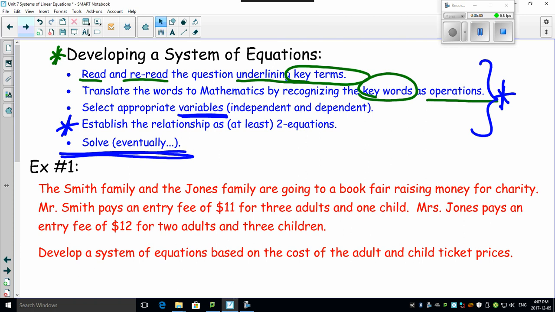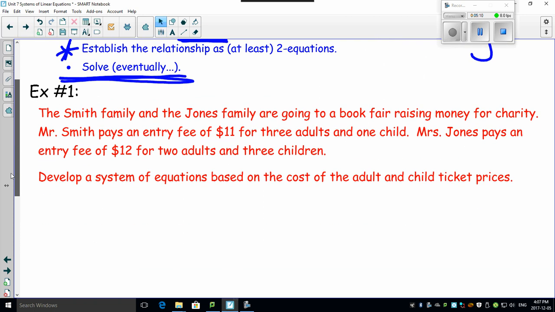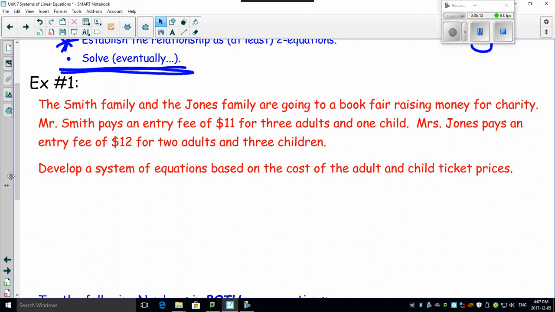Okay, so here we go. Example number 1. It says the Smith family and the Jones family are going to a book fair raising money for charity. Okay, so far, if you think about that, there's really nothing there mathematically to translate. Now here we go.